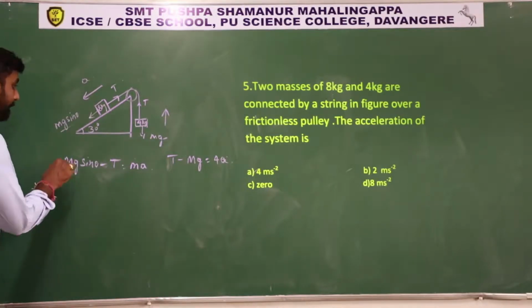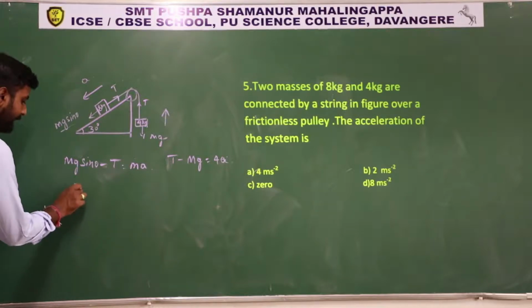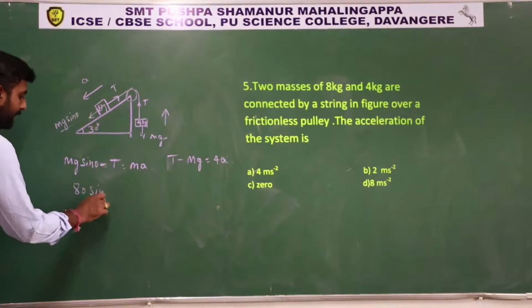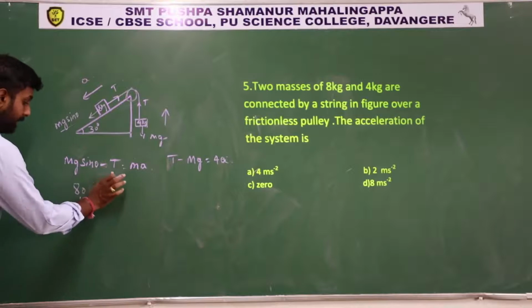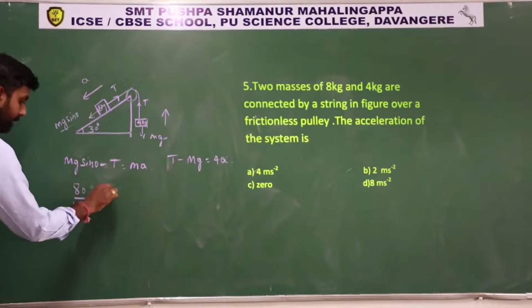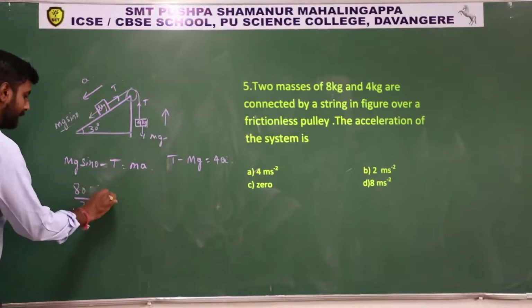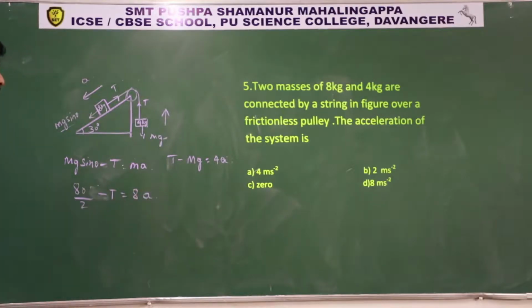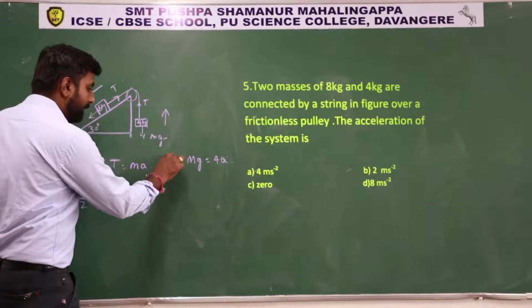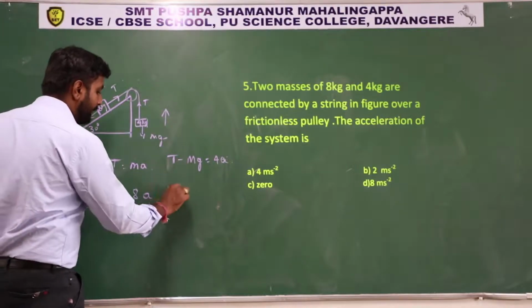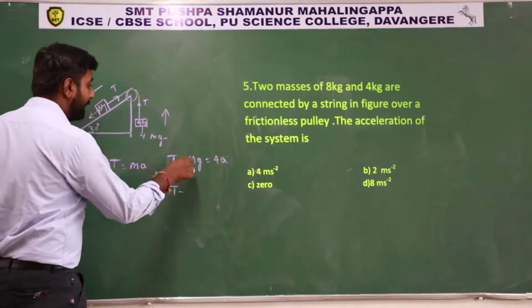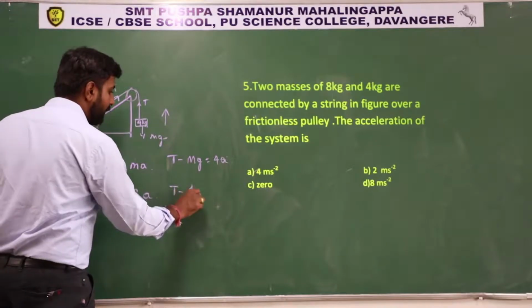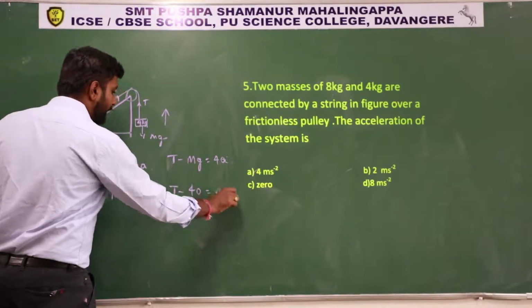In the next step, mass is 8 kg, 80 sin 30, g value let us take 10, sin 30 means 1 by 2, so 80 by 2 minus T is equal to 8a. And here T minus mass is 4 kg, 40 is equal to 4a.